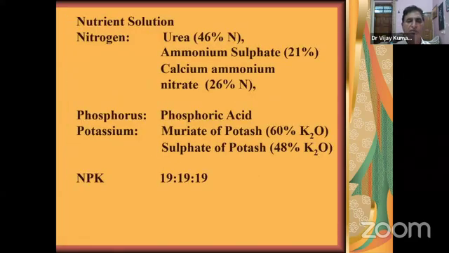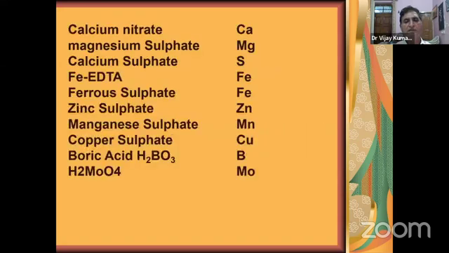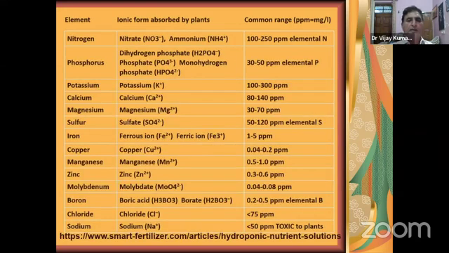That's why we use ammonium salt or nitrate salt. And phosphorus is absorbed as H2PO4 or PO4 form. Elemental forms of phosphorus can also be used. Potassium is absorbed as a potassium ion, and likewise calcium ion and magnesium ion.